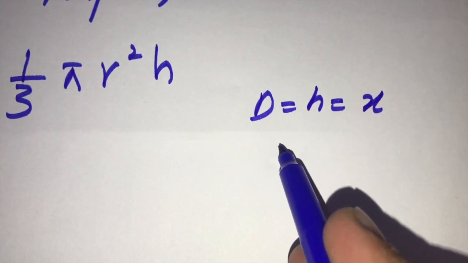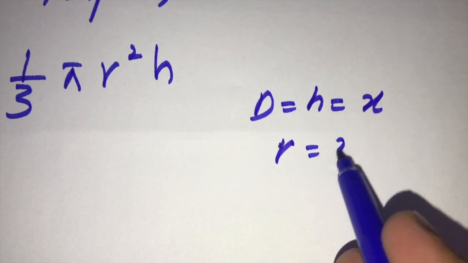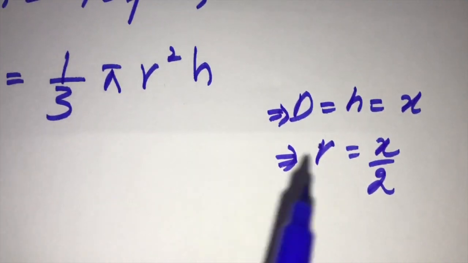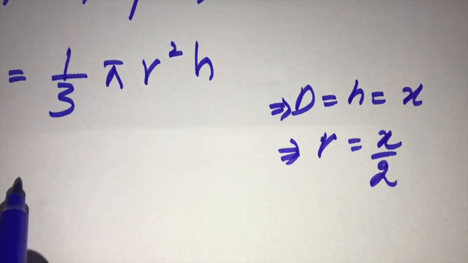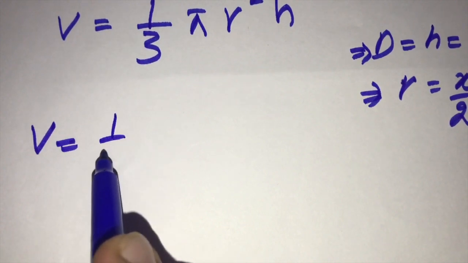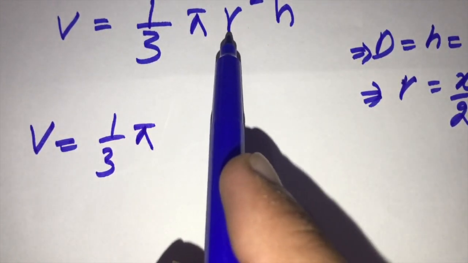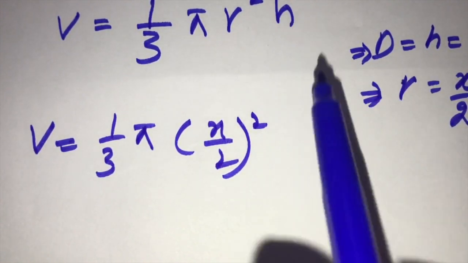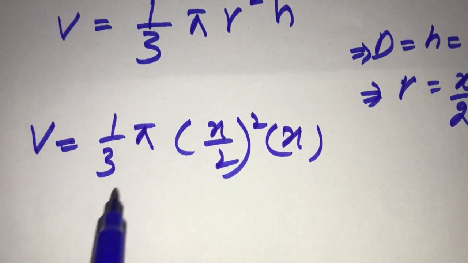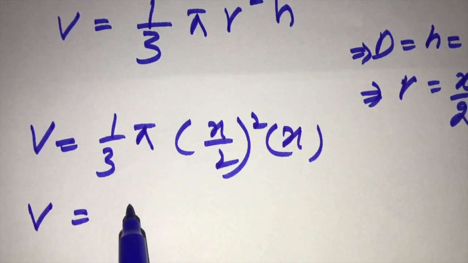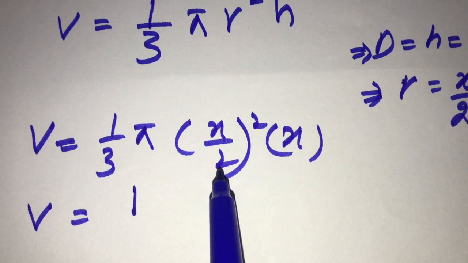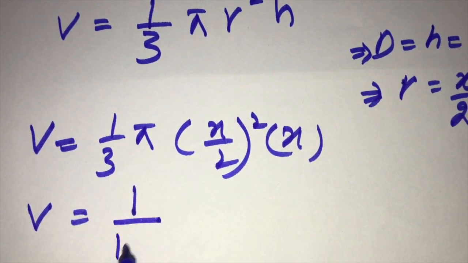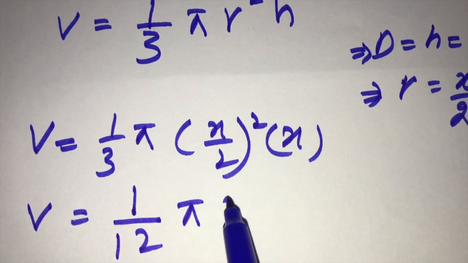Now the radius r is equal to x by 2. These are very important points. Put it here: volume V is equal to 1 by 3 pi, replace r by x by 2 whole square and replace h by x. Now V is equal to 1 by 3 pi, the square of 2 is 4, and multiplying 4 by 3 gives 12, so 1 by 12 pi x cube.